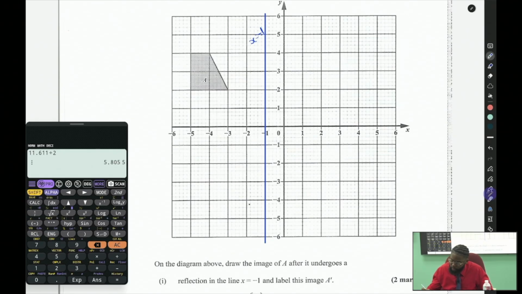So if we pay attention, we know that this point here is 1, 2 centimeters from the mirror line. The other point is 1, 2, 3 centimeters from the mirror line. So we can basically do the same thing on the other side.